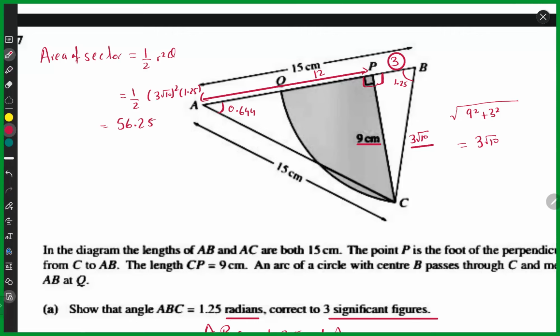We are not interested in the entire sector. We are only interested in the shaded part. So I need to find out the area of this triangle somehow, and then we would be able to do it. Okay. So what is this?